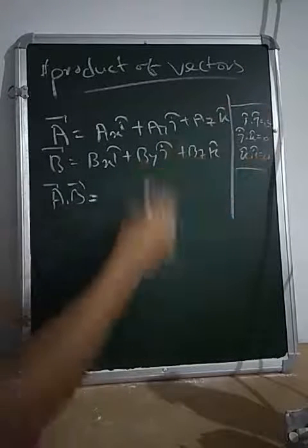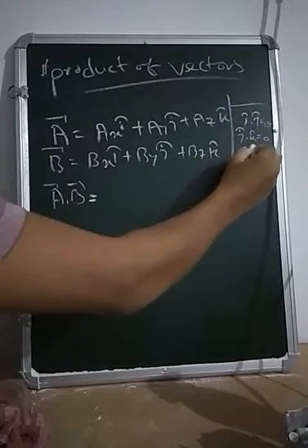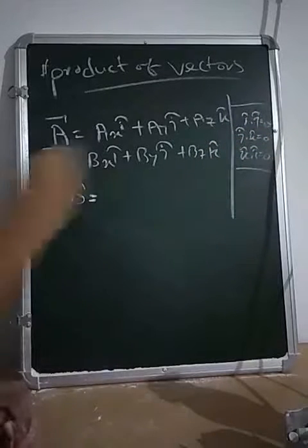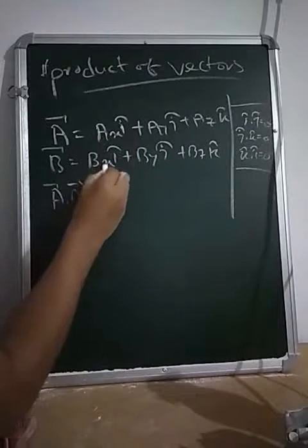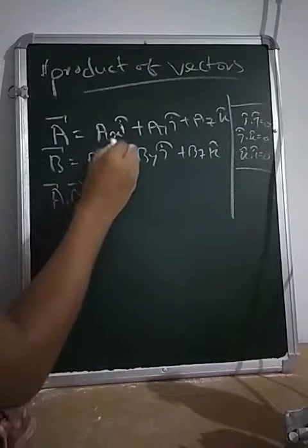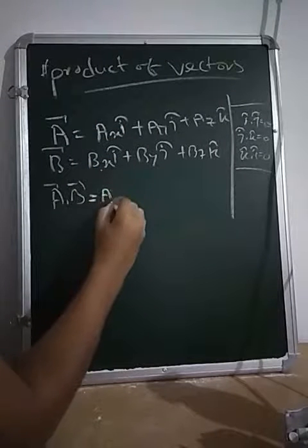Reverse of them will also be 0. j dot i will also be 0, k dot j will also be 0, and i dot k will also be 0.